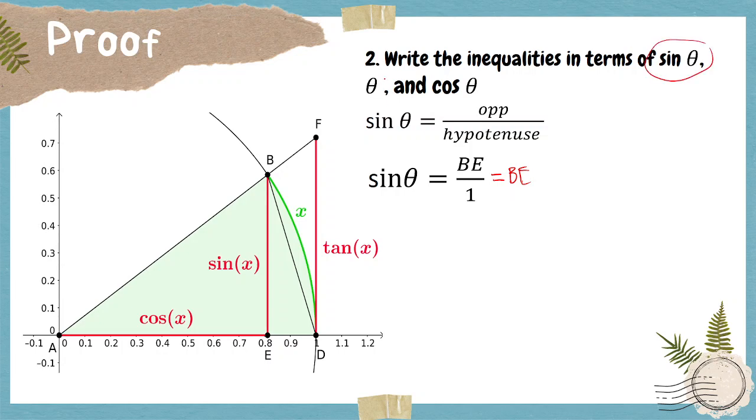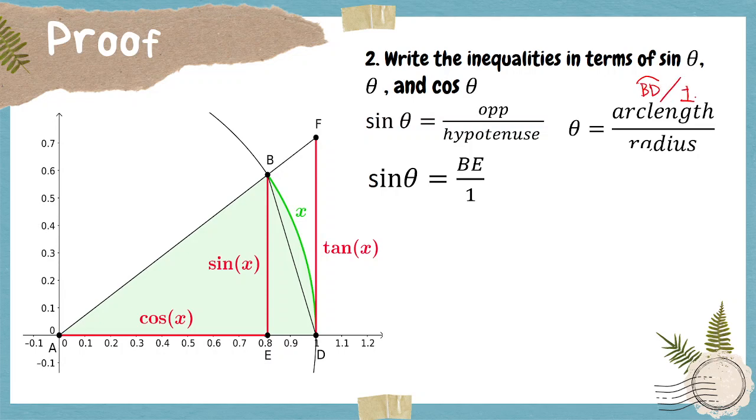How are we going to write the inequalities in terms of theta? We know that the formula for theta is arc length over radius. What is our arc length here? We have arc length DB and a radius of 1.